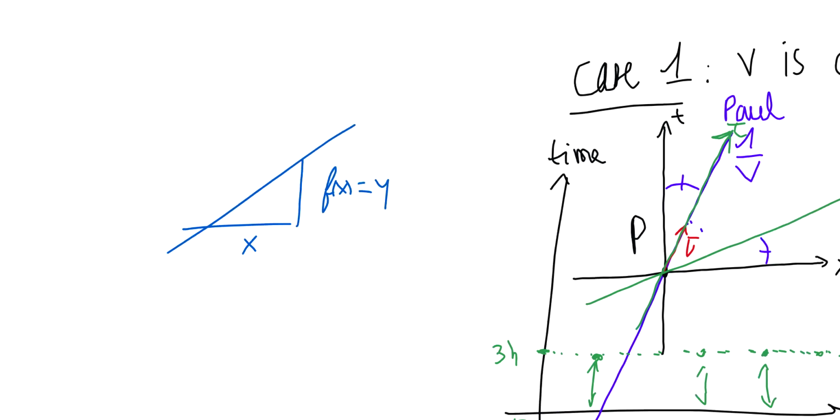This is how we define the slope. It tells us how much you go up for a given distance. That's the slope.